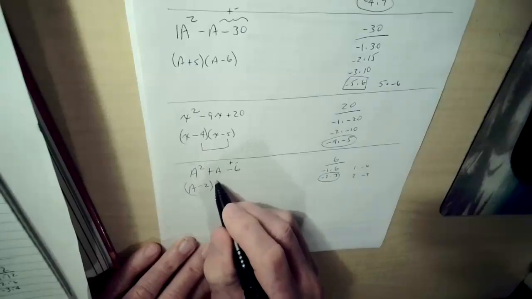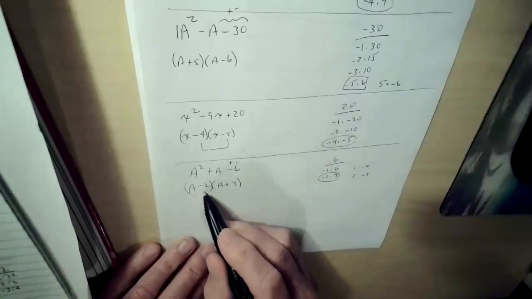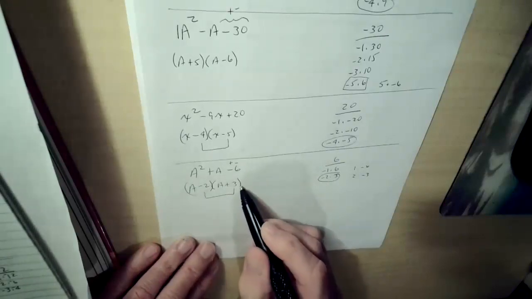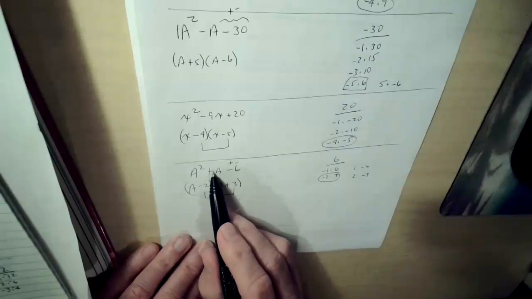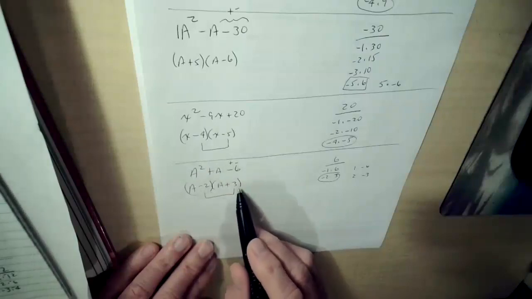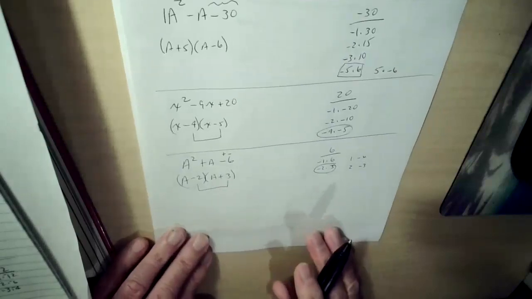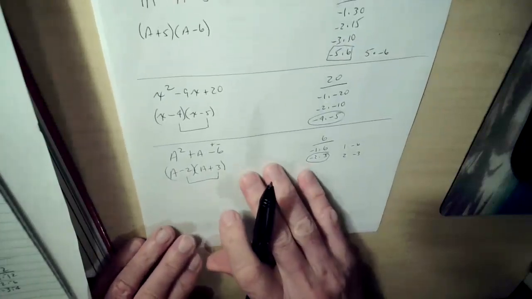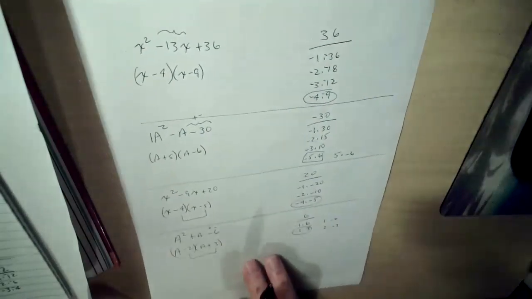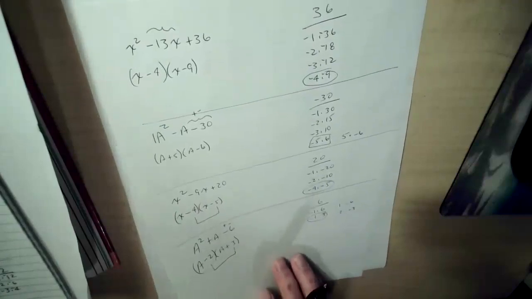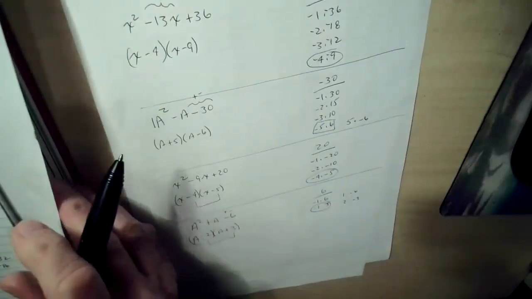But when we add these two factors together, 3 minus 2 is 1. So we have a minus 2 times a plus 3. And again, negative 2 plus 3 is 1. And negative 2 times 3 is negative 6. So we're probably correct.